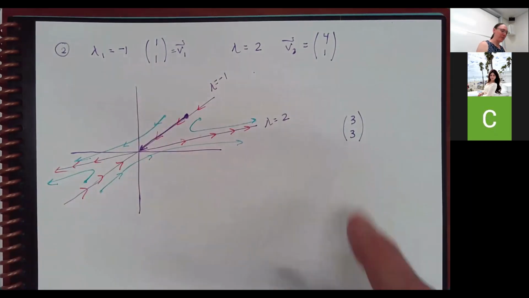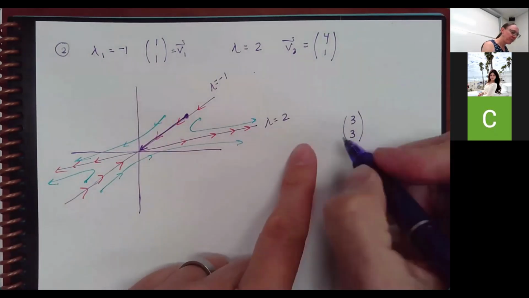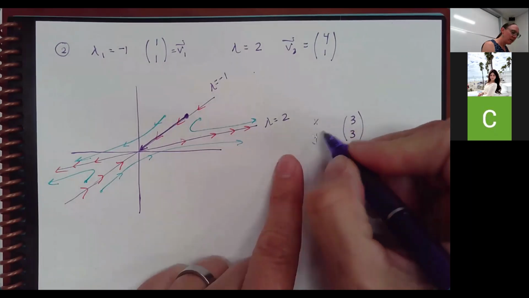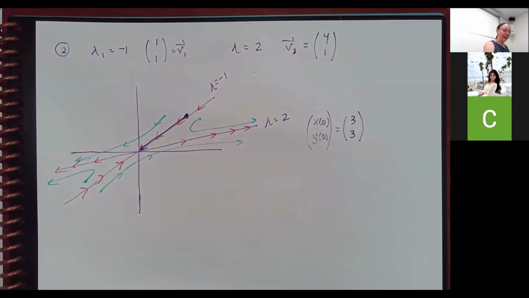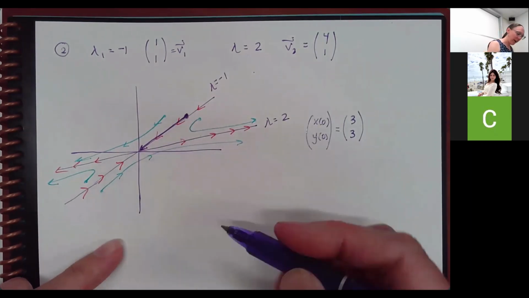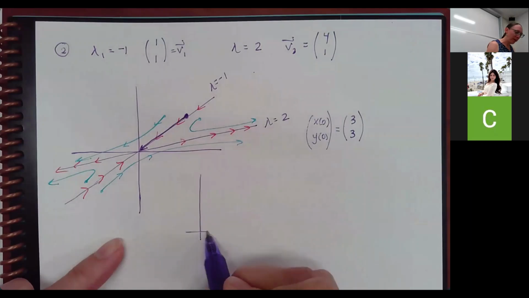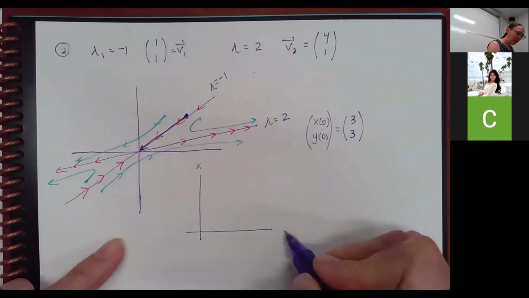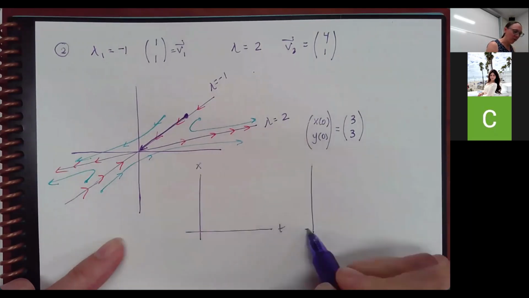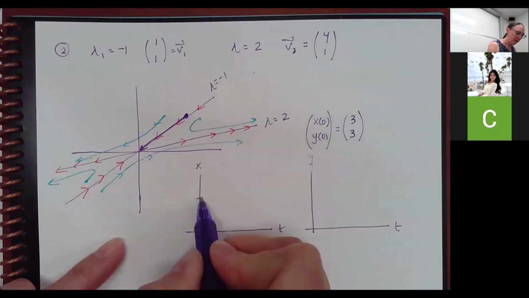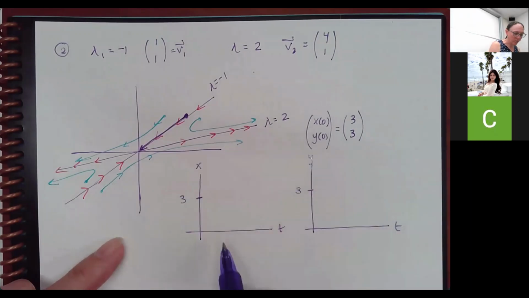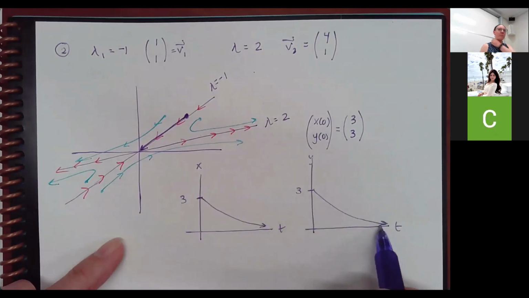So because that's my initial condition, I know I'm actually starting on the eigenline. And if I'm actually on that eigenline, then both my x of t and my y of t are decaying to 0. So I'm starting at 3, and both of these over time are decaying into 0.